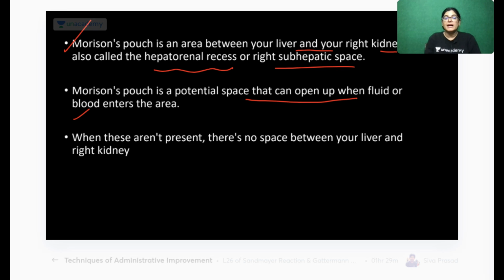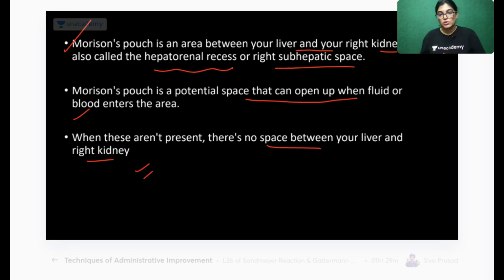It's a potential space that opens up when fluid or blood enters this area. In the supine state, when the person is lying supine, this is the most dependent area of the abdominal cavity, where fluid, blood or any kind of collection accumulates. So when these are present, there is no space between the liver and the right kidney.